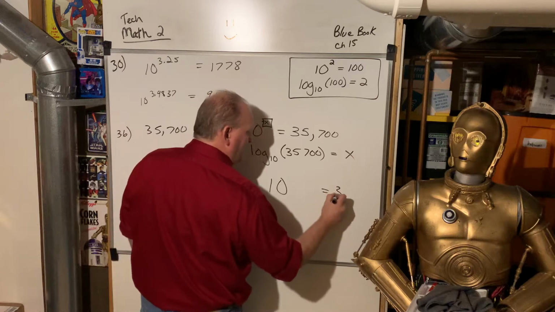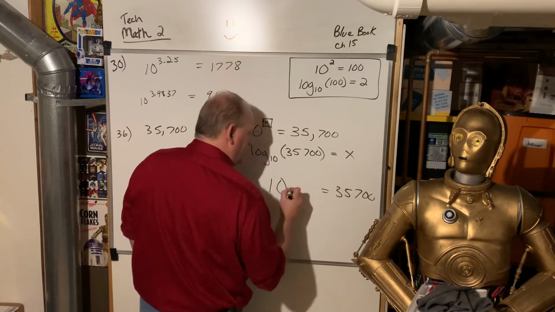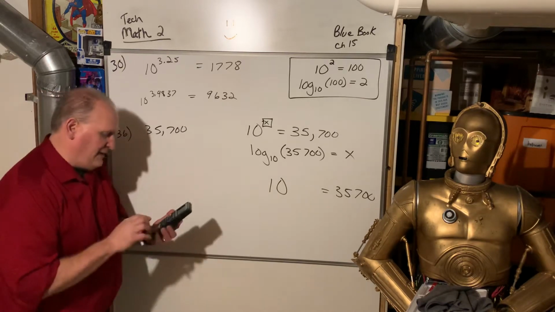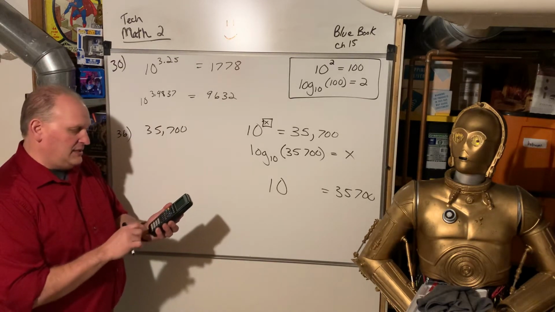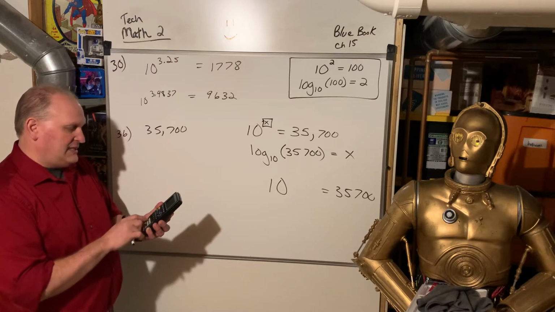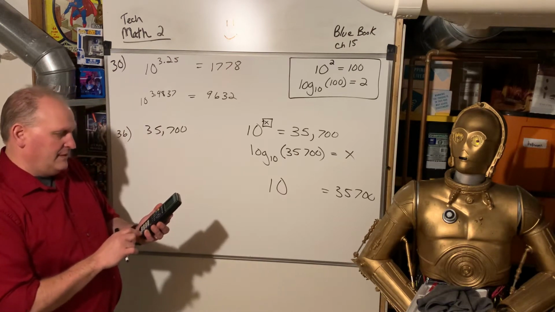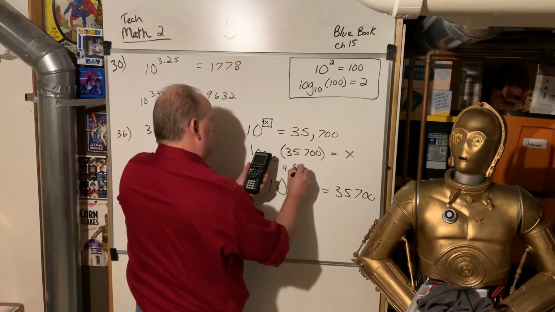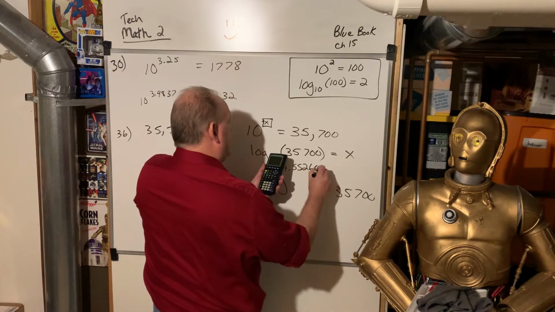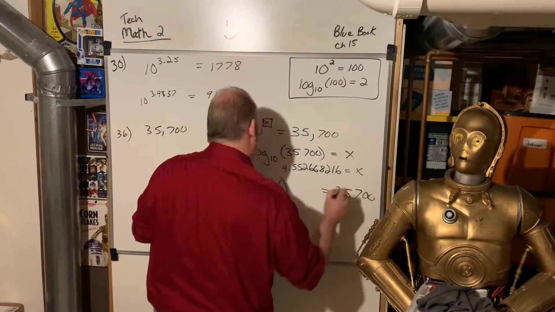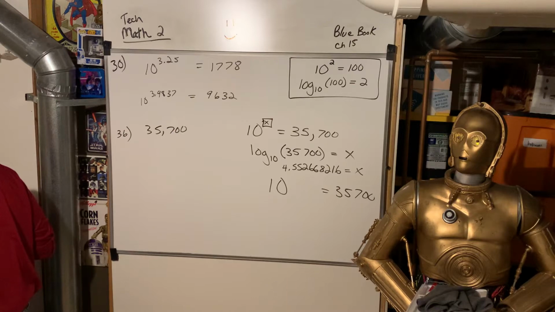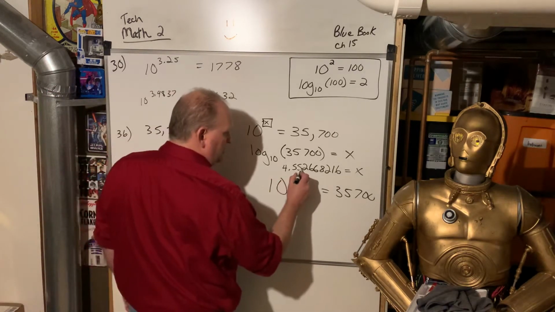So for this problem, to find the exponent, to write this as 10 to some power equals 35,700, you just do the log of 35,700. So log 35,700. That is 4.552668216. That's equal to x. Now they only want it to 4 decimal places, so 1, 2, 3, 4.